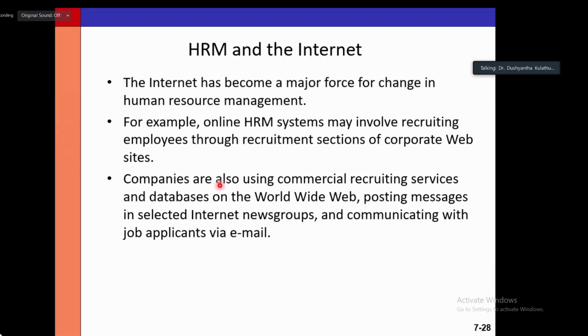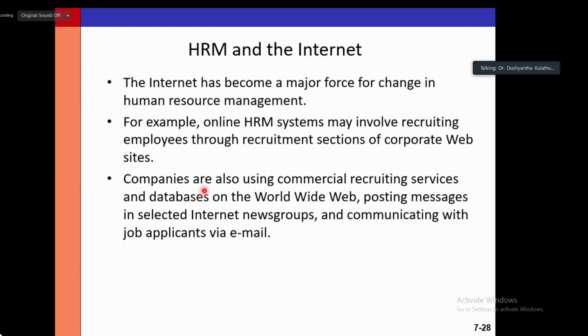Now, this is another one. You can get the services of commercial recruiting services and databases, because there are third parties who develop and maintain databases related to the applicants. So they may have large databases containing information about a large number of prospective applicants, and the organization can purchase them by paying some money.